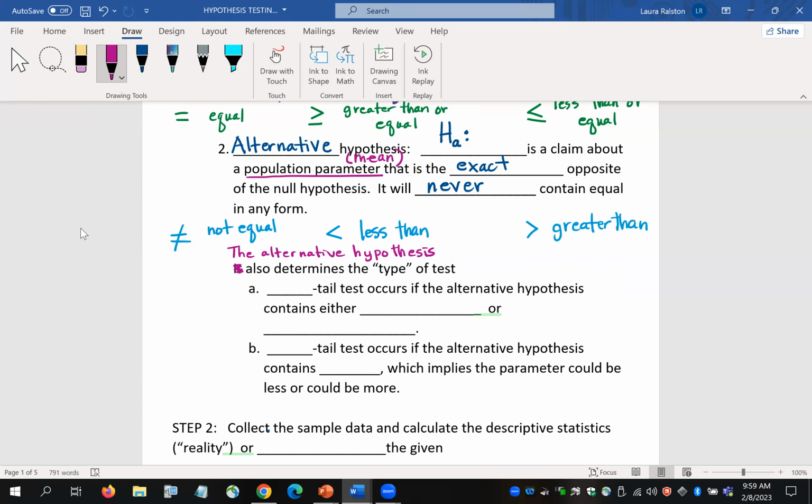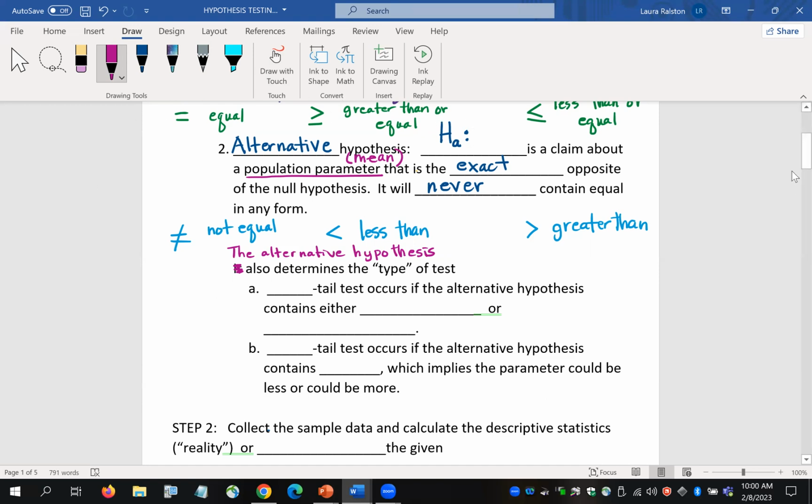And you're going to need to know which type you have when you are conducting the analysis, whether you are conducting the analysis by hand, which we're not going to do, using Minitab, or using some other form of technology. You have to know which type of test you have because that affects the calculations. Now again, Minitab is going to do the calculations behind the scenes for you, but you have to tell it initially which type of test you have.